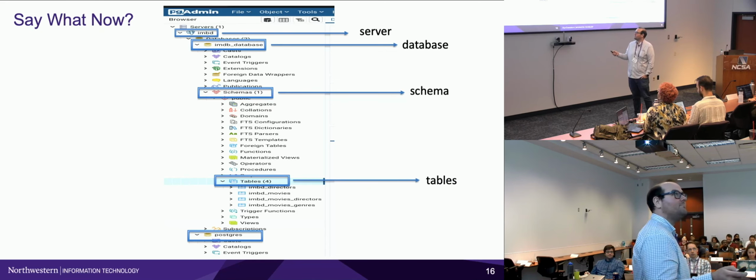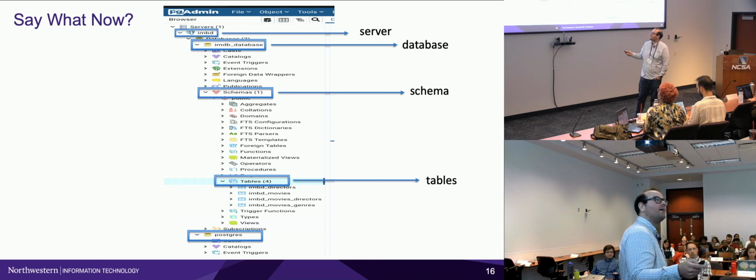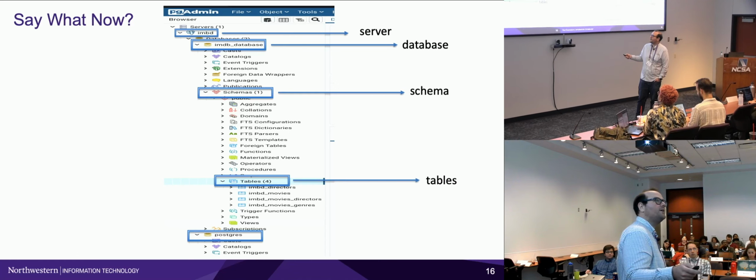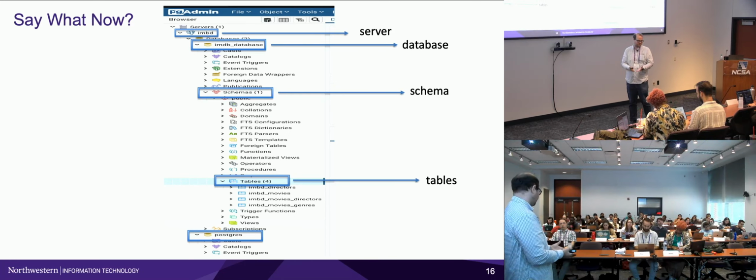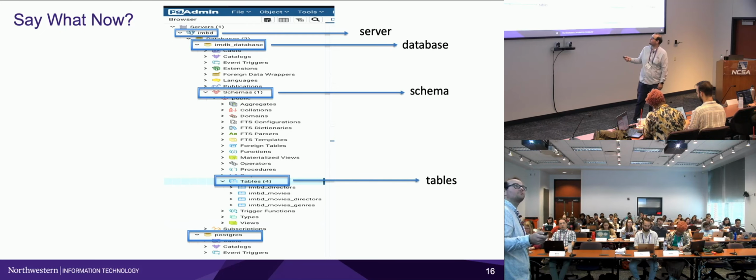Within that database server, I have a database, the IMDb database. Within that database, I only have one schema. I only have one naming of tables. It's the default naming of tables. And within my default naming of tables, I have a set of 4 tables.